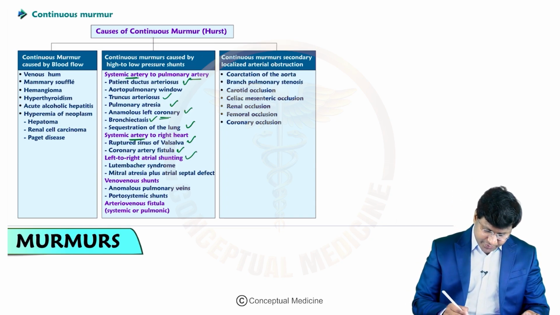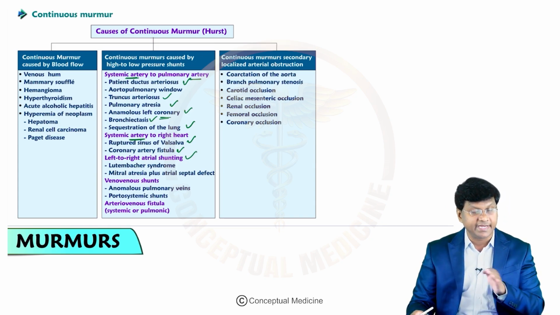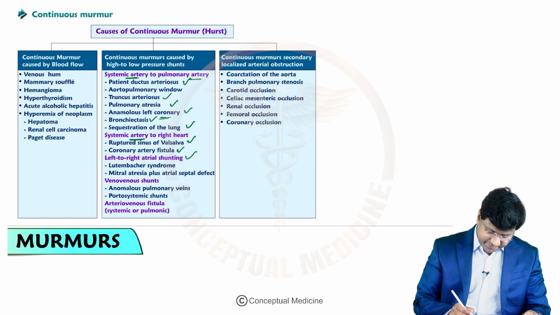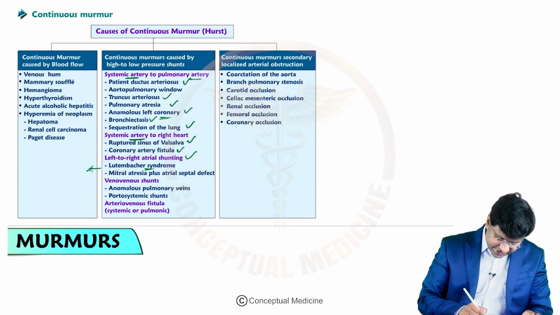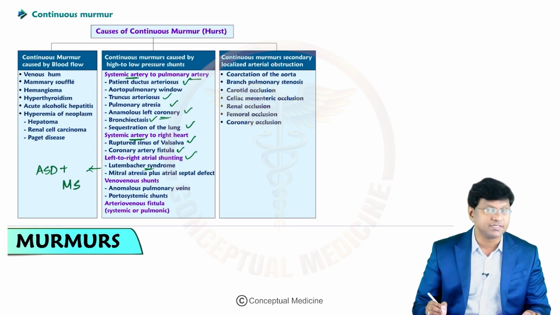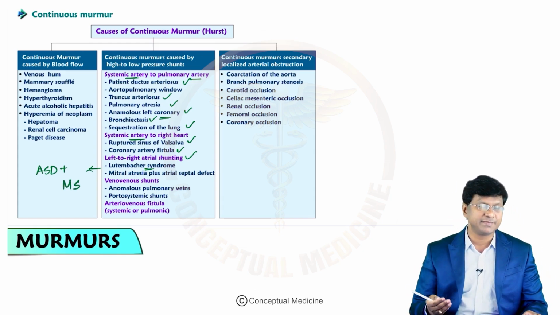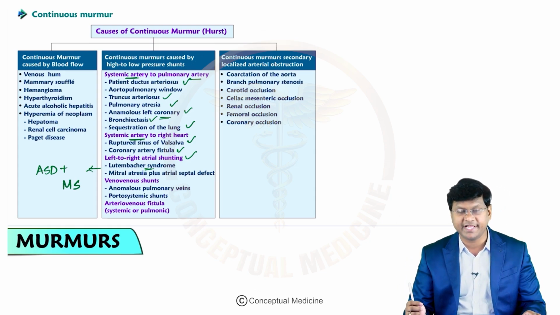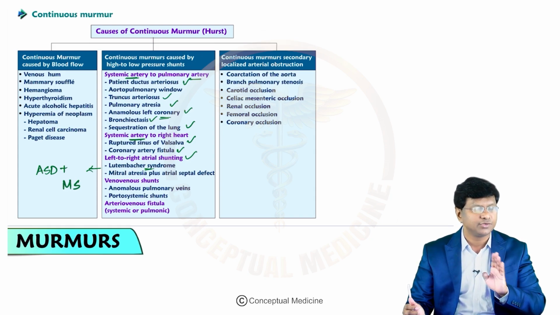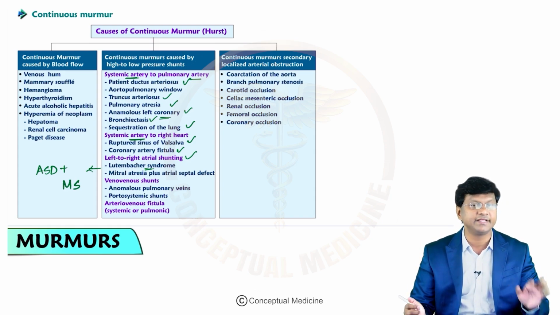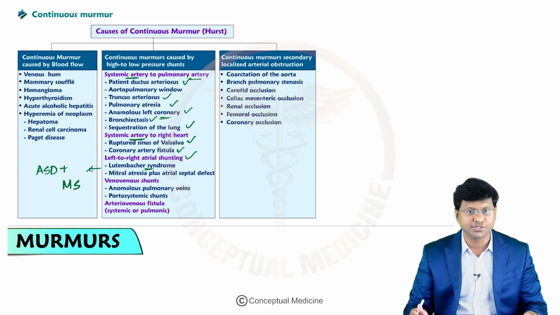And what are the conditions where you have left to right atrial shunting? That is in patients with Lutembacher syndrome. What is Lutembacher syndrome? It is the presence of ASD and mitral stenosis. So in patients with mitral stenosis, the left atrial pressure is very high, and the blood from left atrium enters into right atrium across the ASD throughout systole and diastole, and thereby the individual will have a continuous murmur.